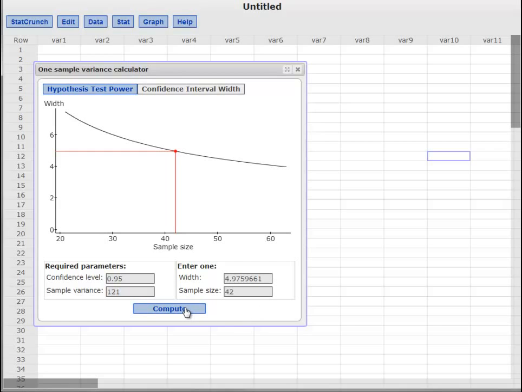Then we need a sample size of 42. It's just that simple. Okay, so that's how we can find sample sizes for our variance and standard deviation. Very simple, because if we were dealing with standard deviation, we just have to square things, right? The variance is just the square of the standard deviation.